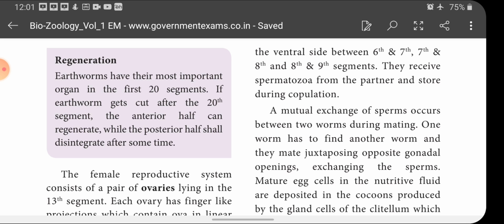We will sometimes get questions like this: when we cut the earthworm after the 20th segment, the first 20 segments can regenerate the last part, but the segments present after the 20th segment cannot develop their remaining parts. Give reason: because all the important organs are present in the first 20 segments only, they can regenerate the last segments, but the last segments do not have the important organs, so they cannot regrow their other part. Okay, this is the reason.